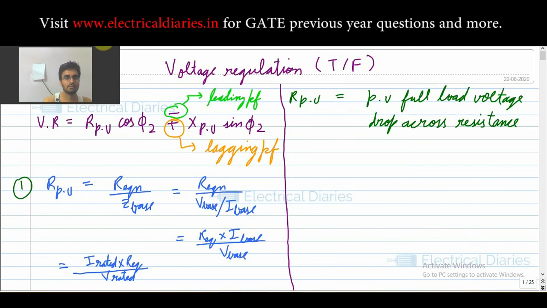Now similarly, let us see for the X per unit. Okay, and your R per unit can also be written in this fashion. R per unit is equal to I rated. See what we have found out. We have I rated into R equivalent divided by V rated.